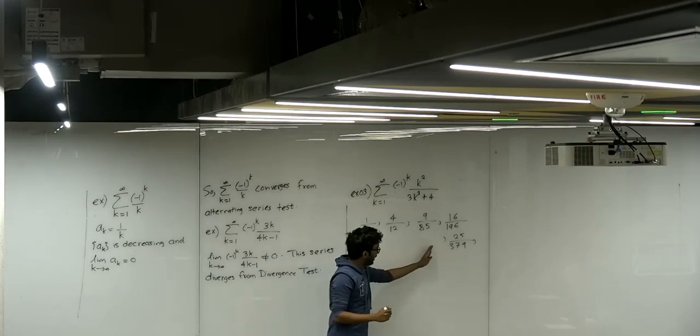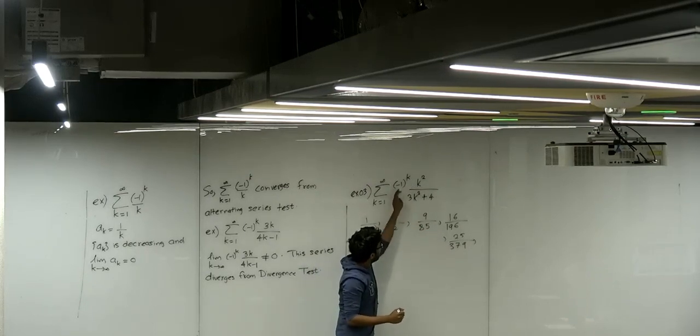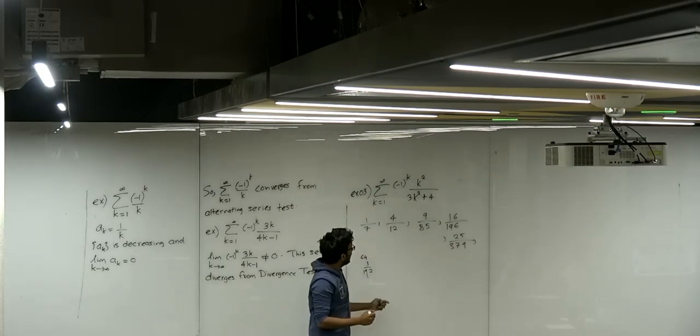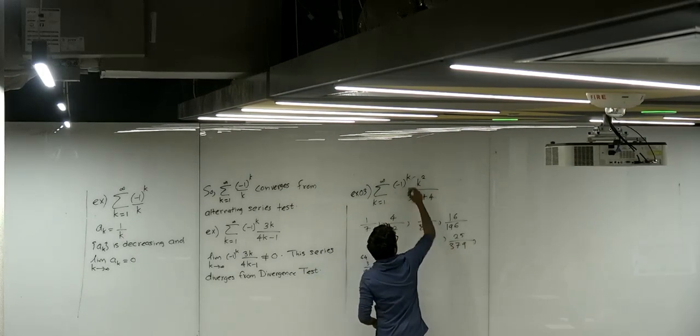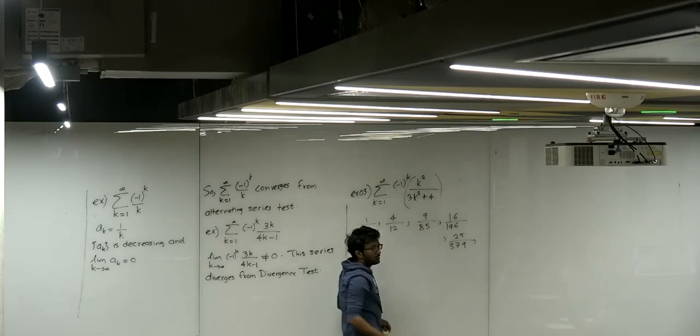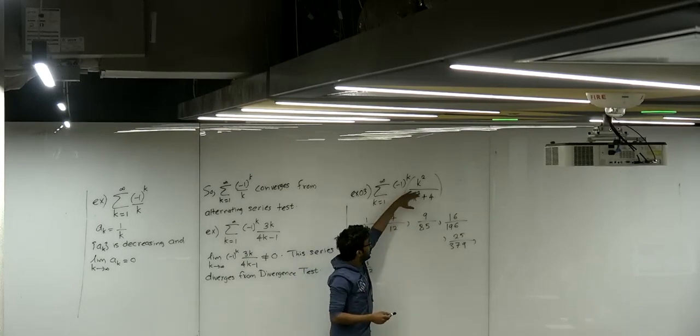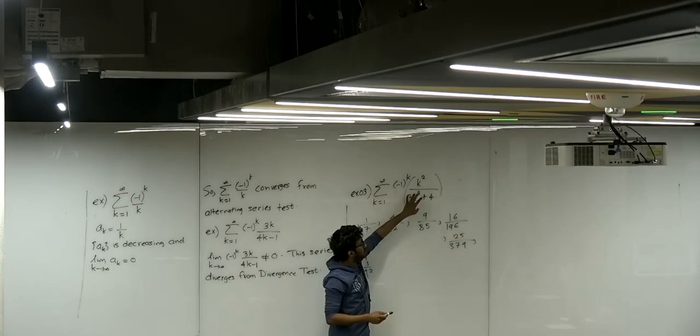So now you can see the pattern, right? This a_k is going to decrease when k is getting bigger and bigger. And also it's clear, what is the limit of this? 0, right? Because now the denominator has the power of 3 and the numerator has the power of 2, so the most powerful term is in the denominator.